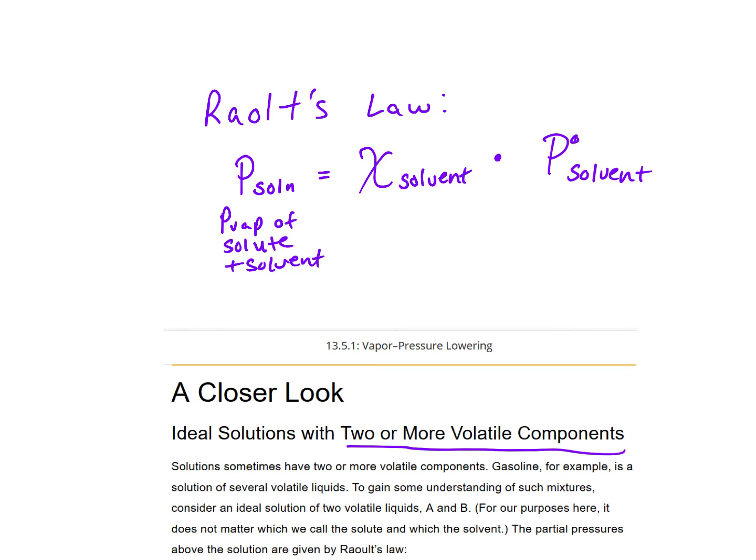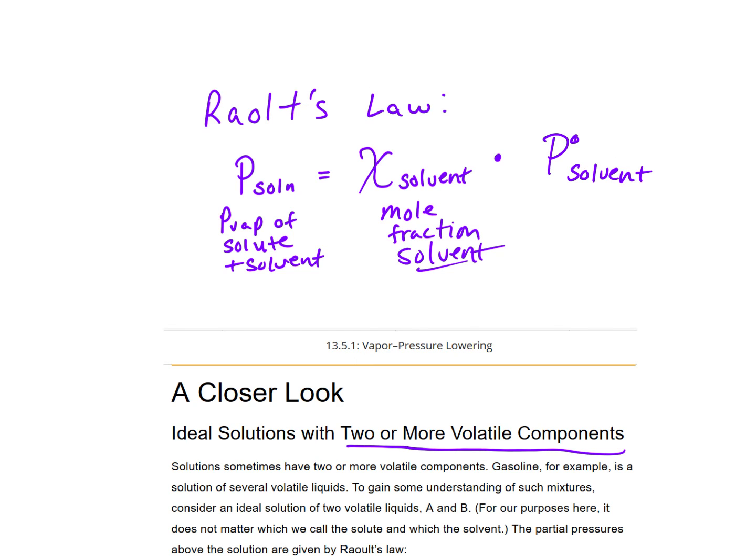So this mole fraction here is mole fraction of solvent. Okay, I think in our units slide for the concentration units, we saw mole fraction of solute. So watch that.